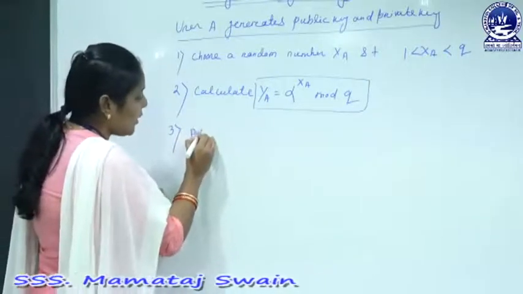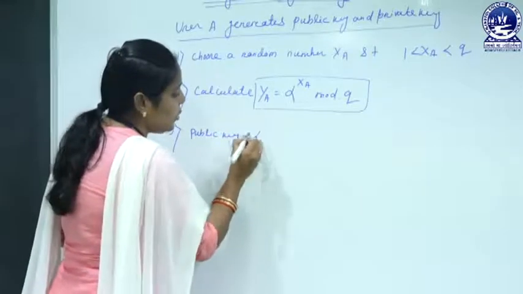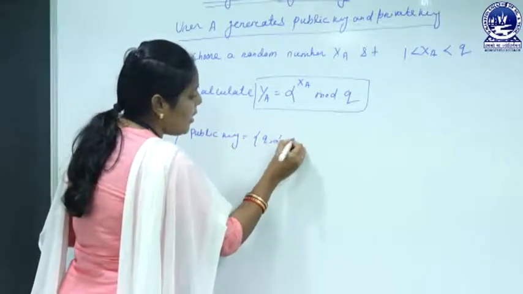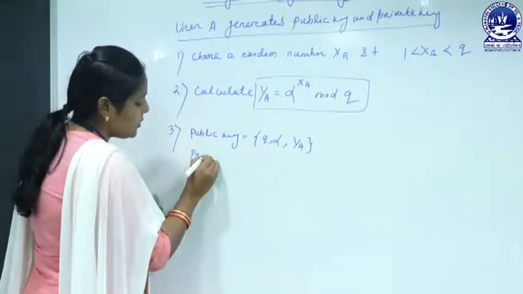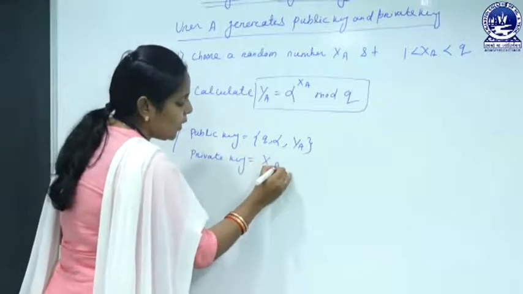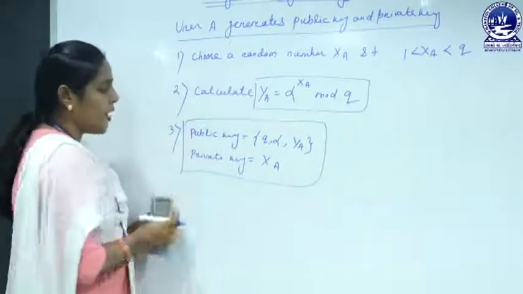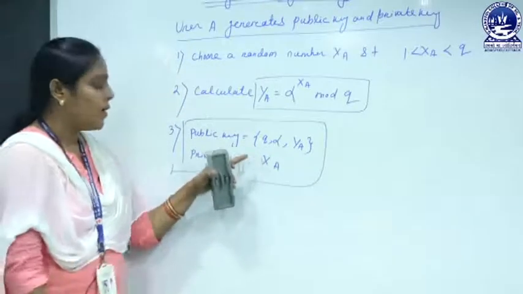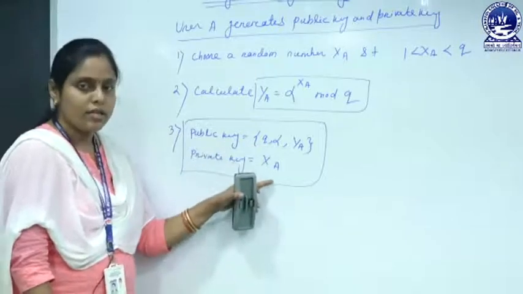Here the public key is equal to Q, alpha and YA, and the private key is equal to XA. That means for the user A, the public key is this one and the private key is XA.